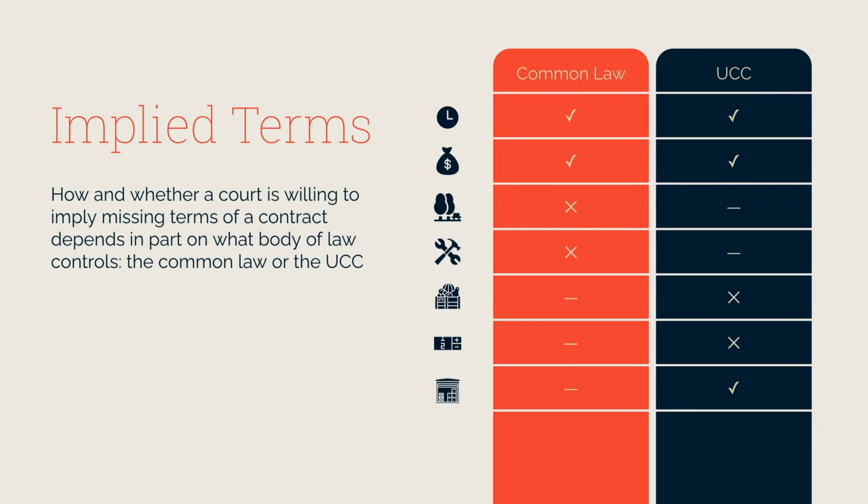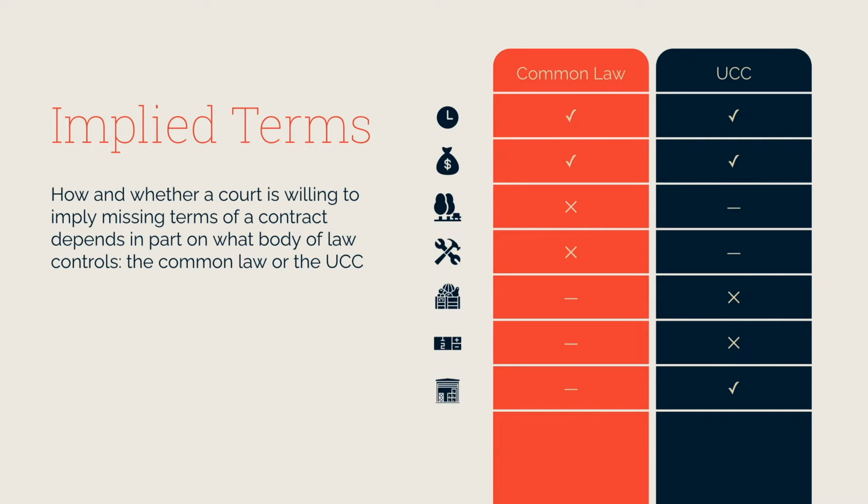Now, what about implying terms? So when we look at this chart, under the common law, unlike the UCC, there's a difference here, which is that the UCC has specific provisions that we call gap fillers.